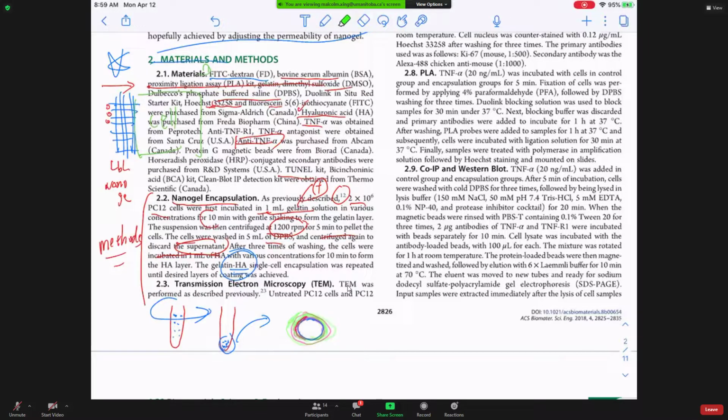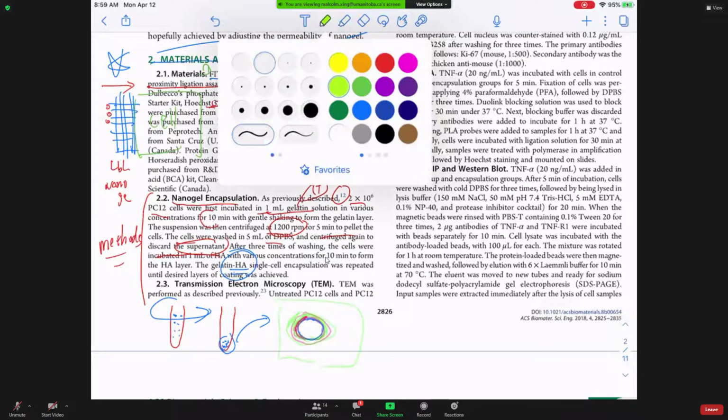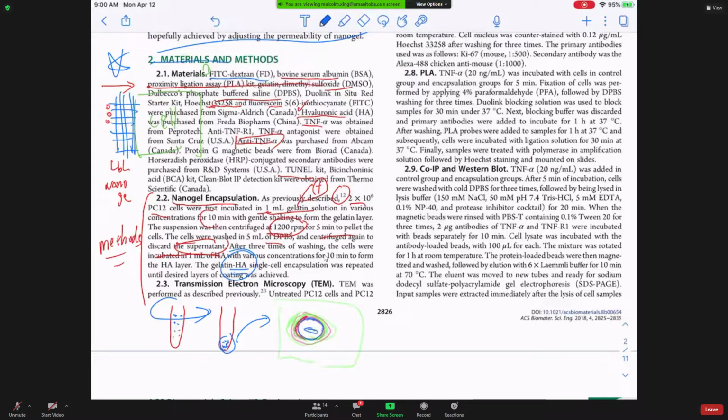Okay, so layer by layer depends on how many layers, so you can study what will happen to the nuclear of the cell. So that's LBL, layer by layer self assembly.